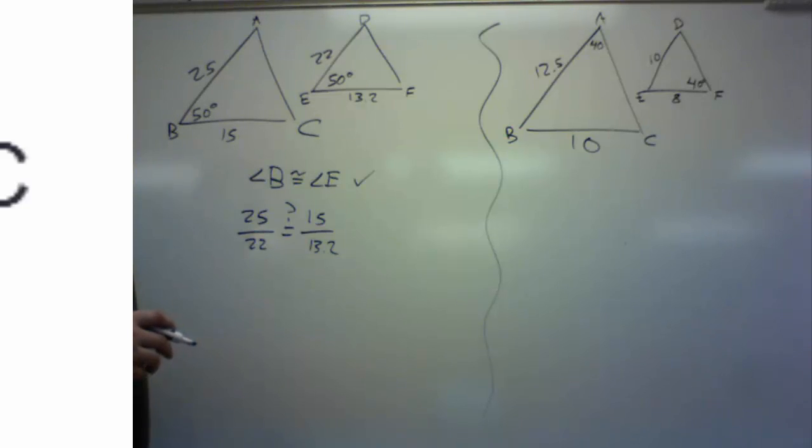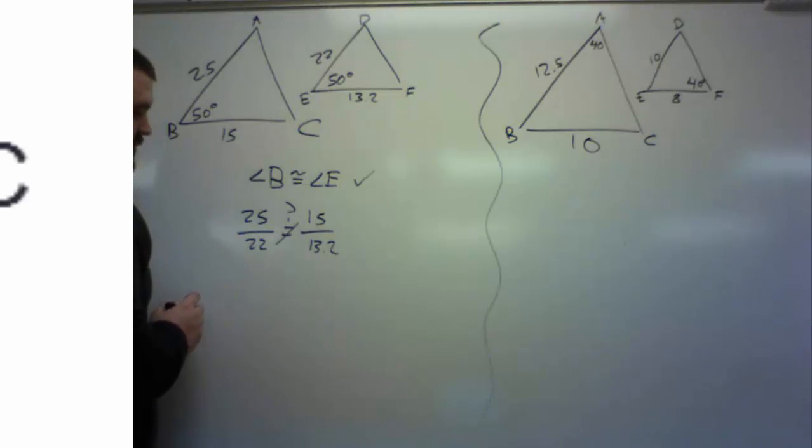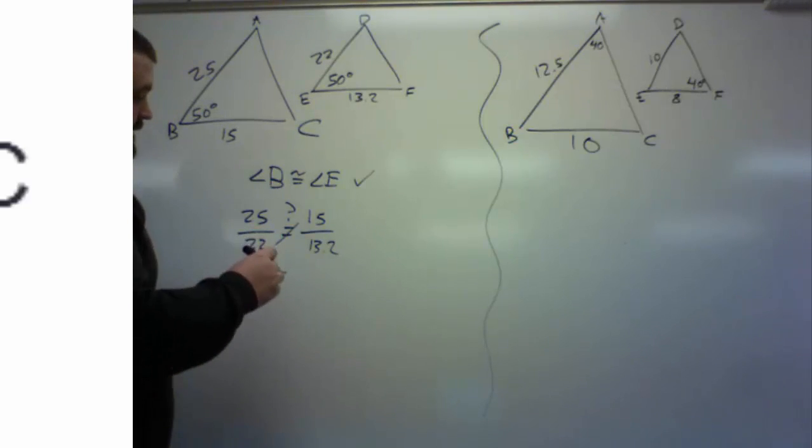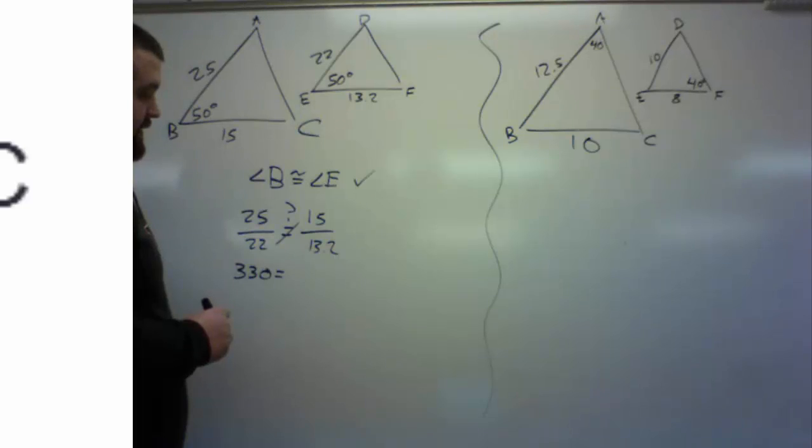Well, what I need to do is cross multiply. So 15 times 22, I believe I get 330. Now if I do 25 times 13.2, let's see, 5, 75, so 80.